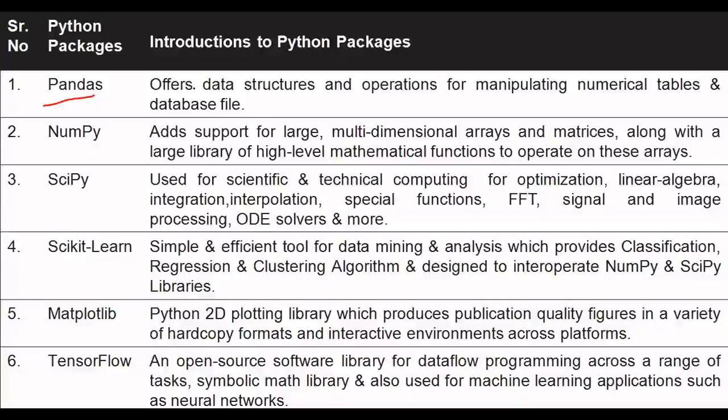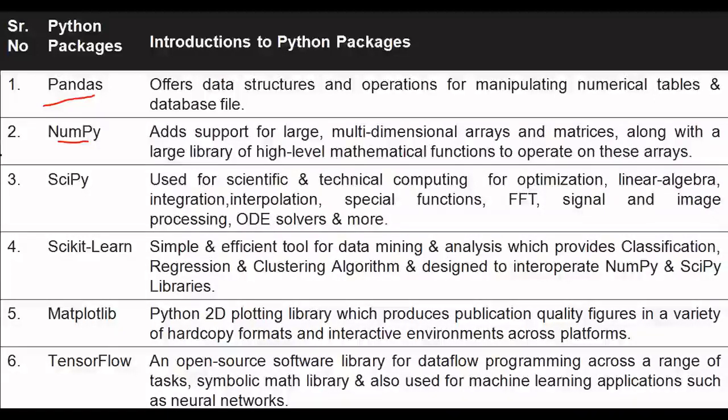The second one is NumPy, which is used for mathematical processing. Most of the mathematical part is taken care of by this NumPy library. It adds support for large multidimensional arrays and matrices, along with a large library of high-level mathematical functions to operate on them, and it will take care of all the mathematical things.